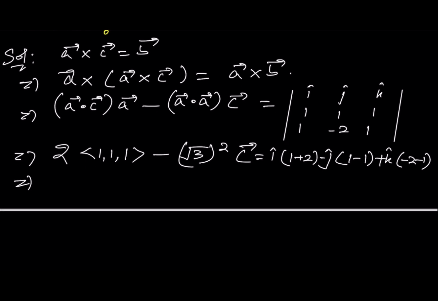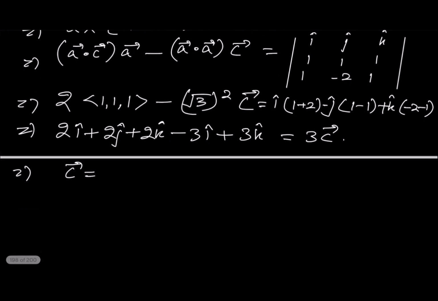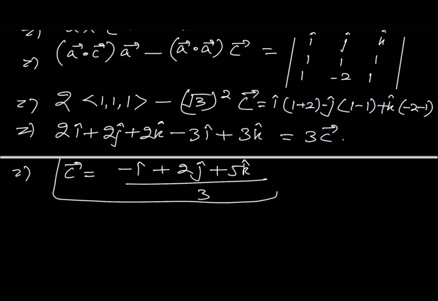So this is 2i cap plus 2j cap plus 2k cap minus 3 c vector, is equal to 3i cap plus 3k cap, so 3 c vector is equal to minus i cap plus 2j cap plus 5k cap, right? So c vector is minus i cap plus 2j cap plus 5k cap by 3. This is the required c vector.